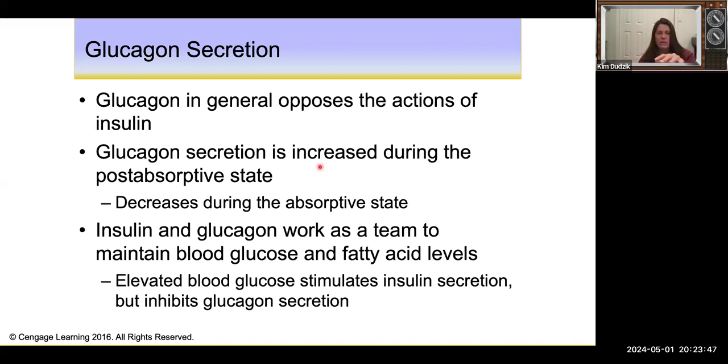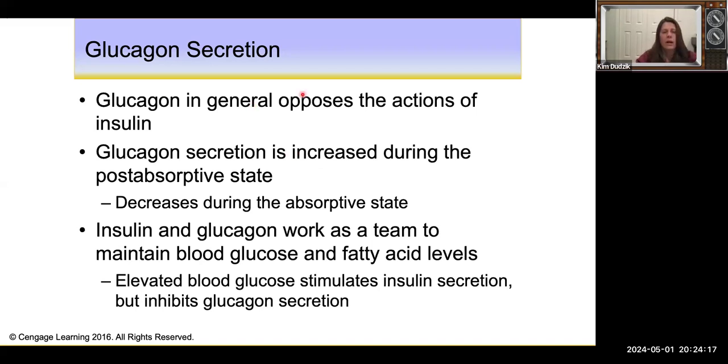While that's going down, that will trigger glucagon to secrete. And then the target cells are mostly in the liver, to release that stored glucose. Target cells are also in the adipose tissue, again, to release the glucose that's been stored in there as fat.